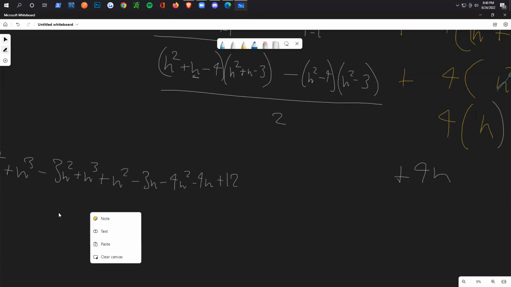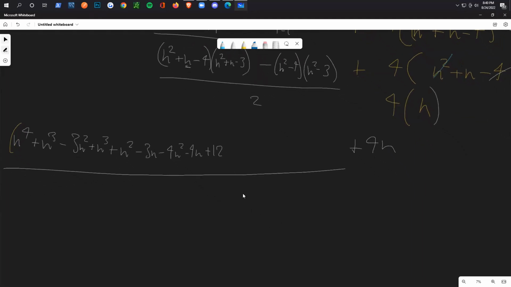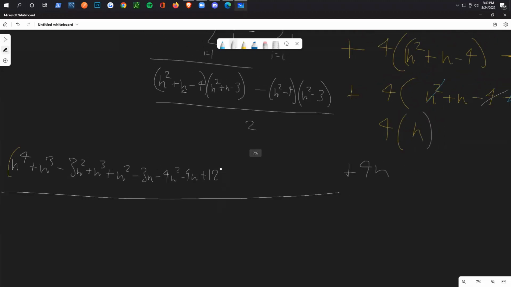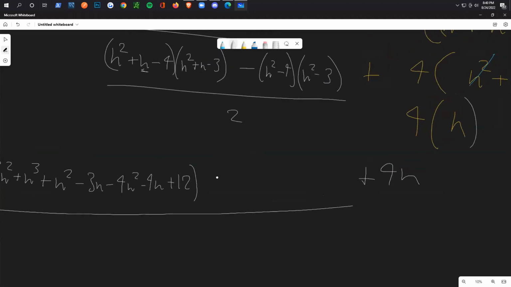We still have this over 2 that we're dealing with, so. Minus, now this is going to be easier, so n to the 4, then we're going to have, is it 3n squared minus 4n squared plus 12.